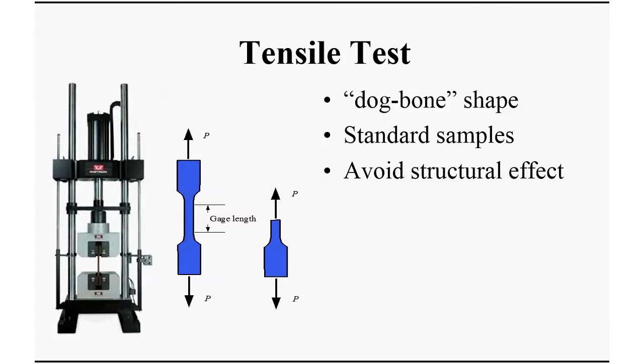Basically, we take a piece of material, and often you cut it into a dog bone shaped sample. Then you stretch it on both ends. The middle part, the uniform portion of the sample, is what we use, because it generates a uniform deformation field.